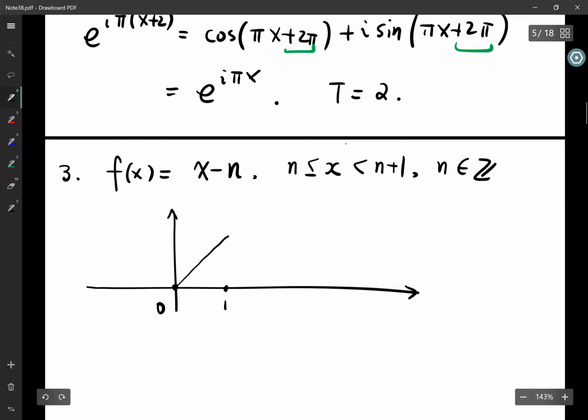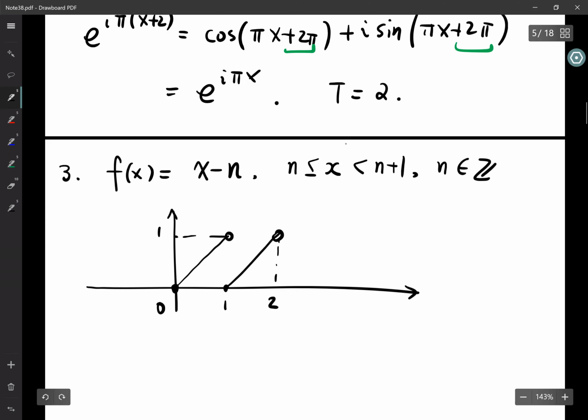But since for 1 this is not defined, I need to exclude that, so I use the empty circle. Here I use the filled circle to indicate that when it is equal to 0, it is actually 0 here. When x is equal to 1, I go to the next branch, because now n becomes 1, from 1 to 2, include 1. Then this is x minus 1 again, so it becomes 1 minus 1 is 0.